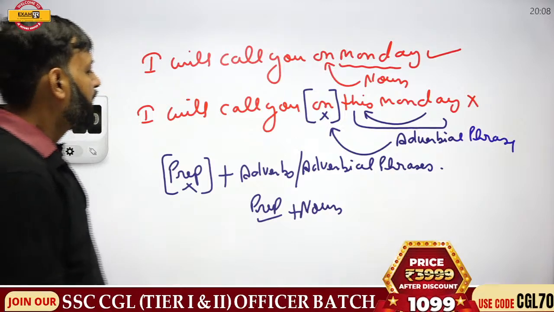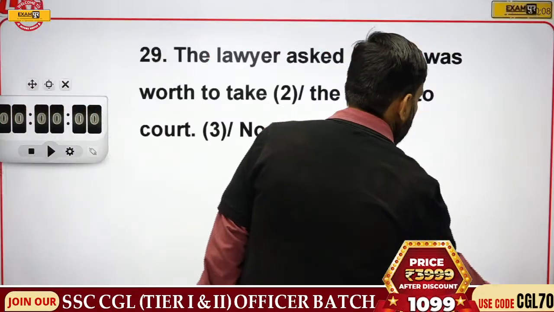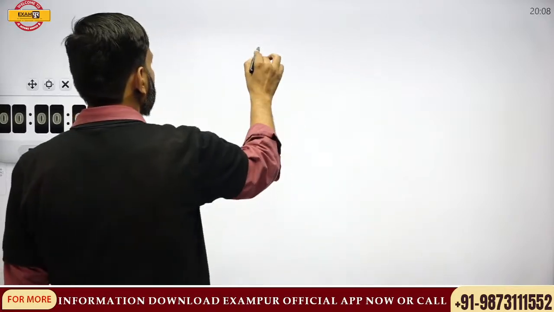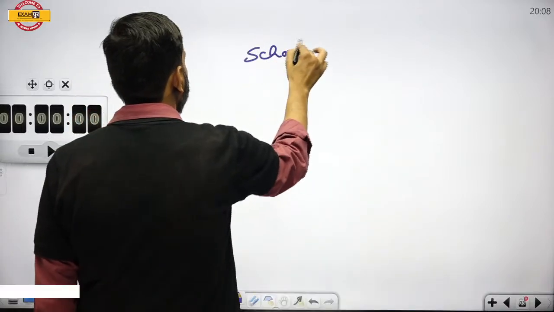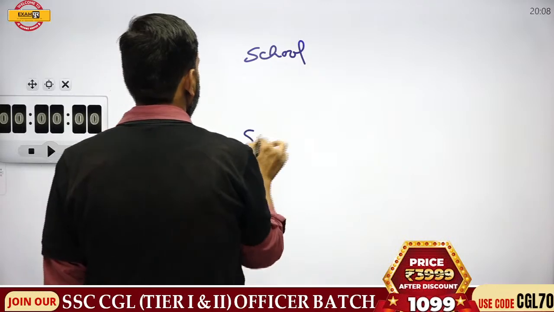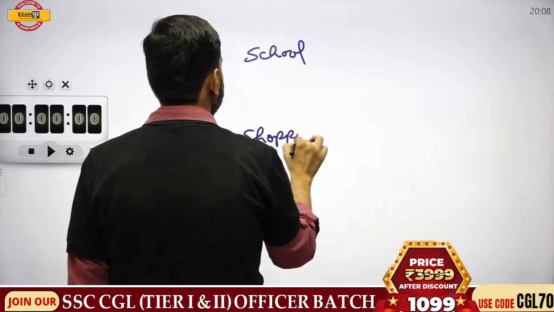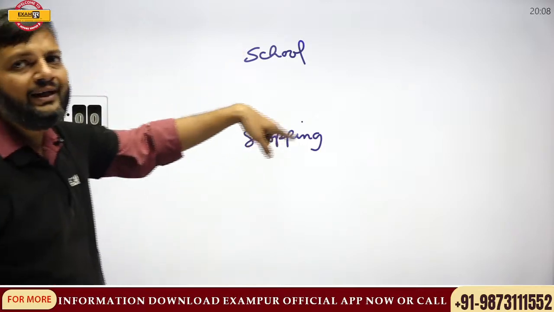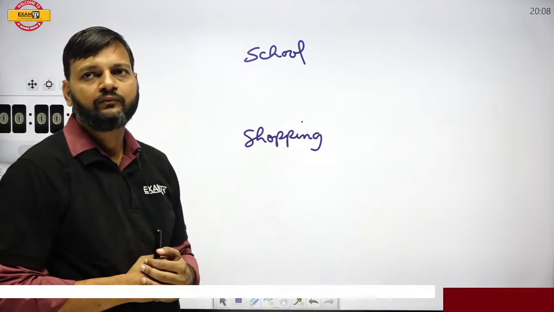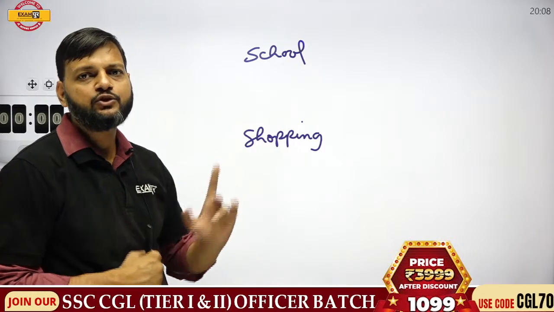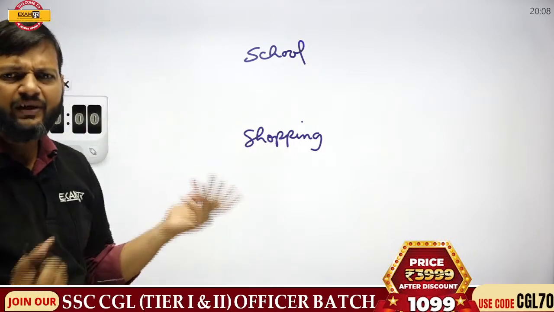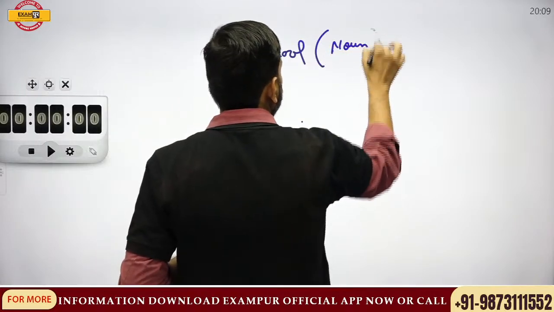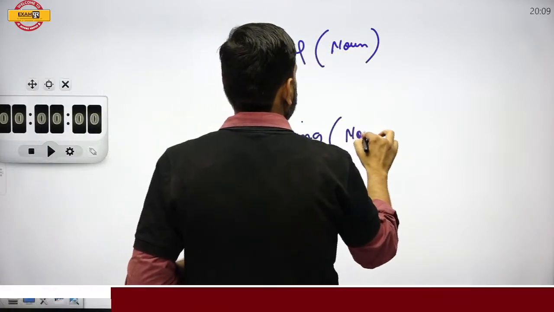Okay, now tell me just one thing. Here we have the word school and here we have the word shopping. Which of these two words is a noun? This is very simple. School is a noun. But shopping is not a noun or place.